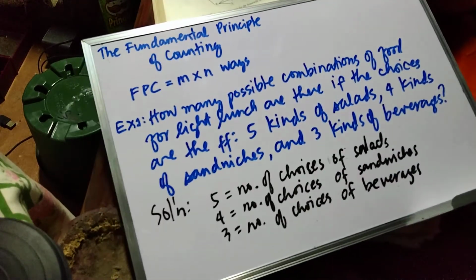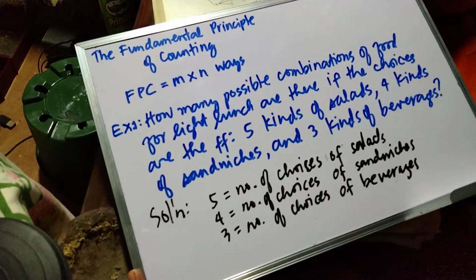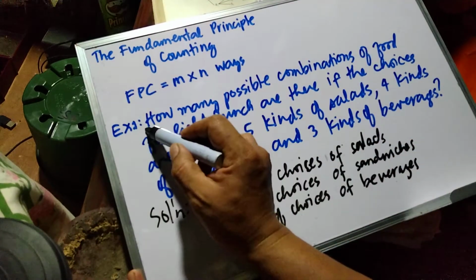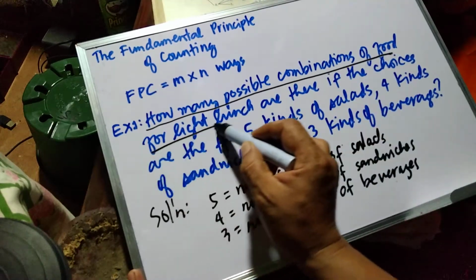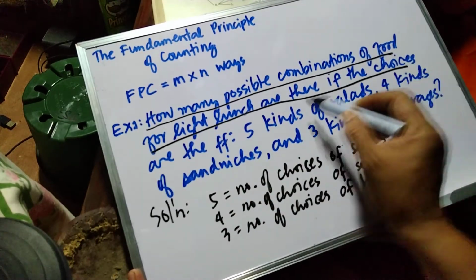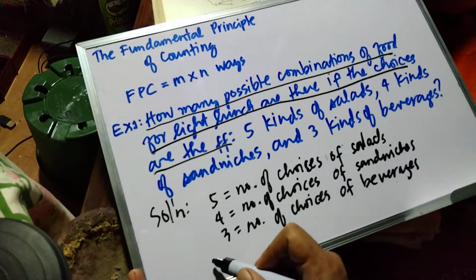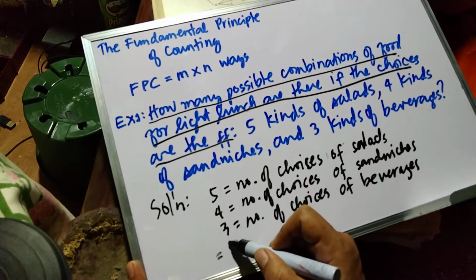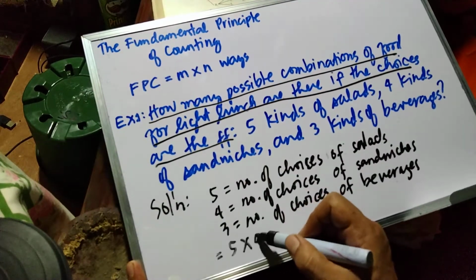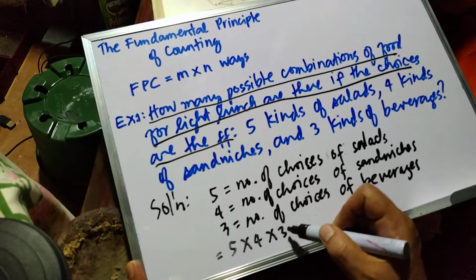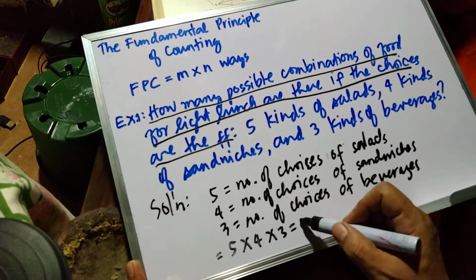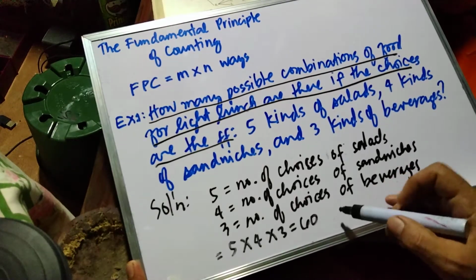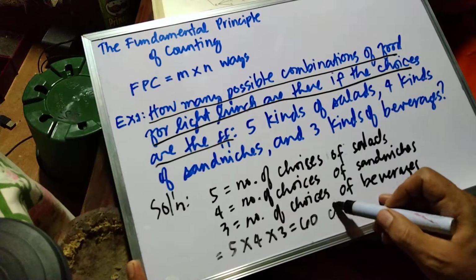So simply, the question is, how many possible combinations of food for light lunch are there if the choices are the following? That is simply equivalent to 5 times 4 times 3. That is 5 times 4, you have 20, times 3, you have 60 choices.